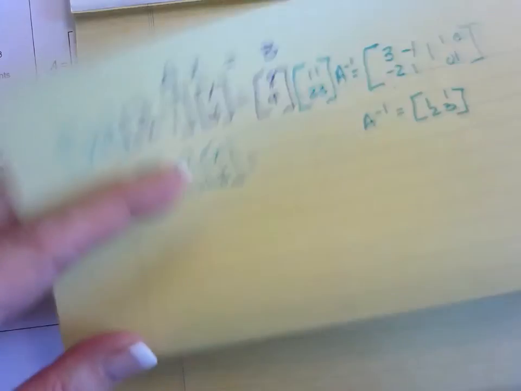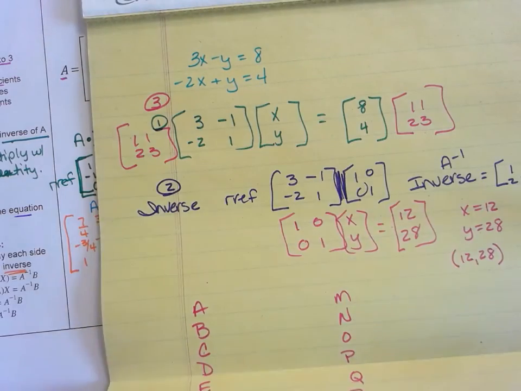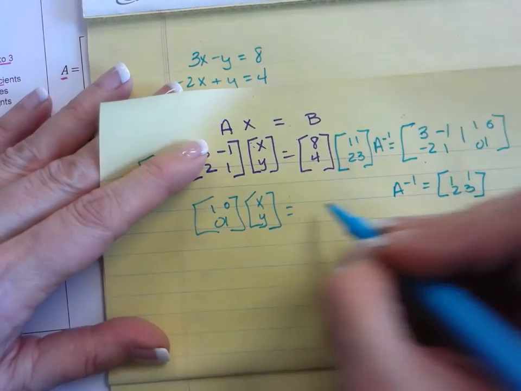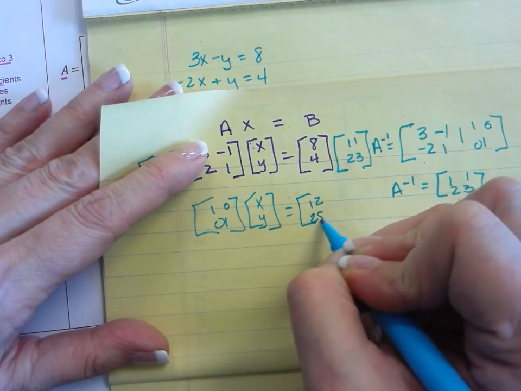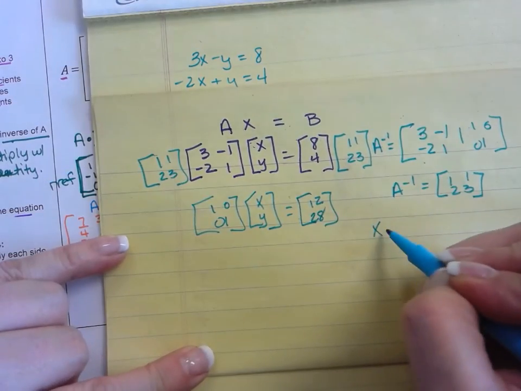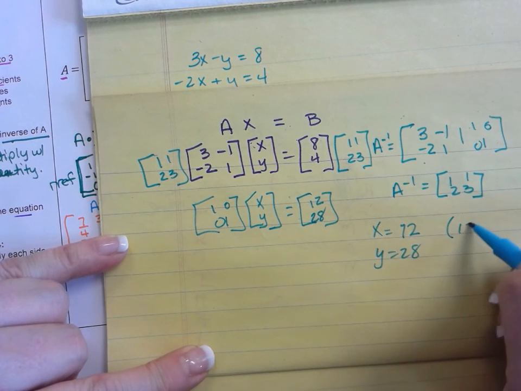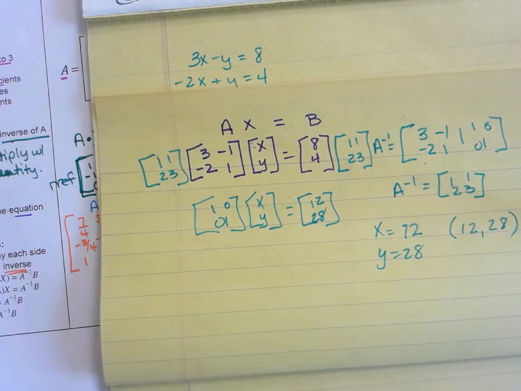Because it should get 12 and 28. Did something wrong. And so that makes x 12 and y 28. So that's my point of intersection. Better?